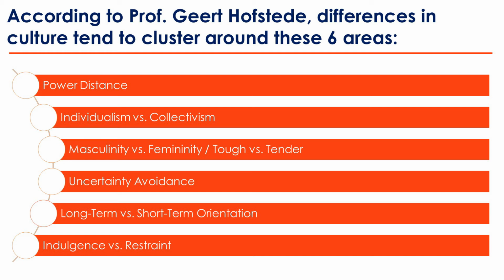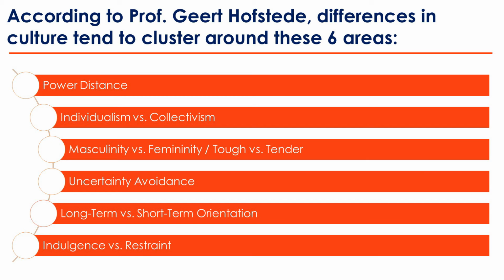The next point is uncertainty avoidance. How tolerant is a given society or culture for uncertainty or risk? Next point is long-term versus short-term orientation. Does a given society or culture tend to think about the consequences of actions primarily in terms of their long-term impact or their short-term impact?